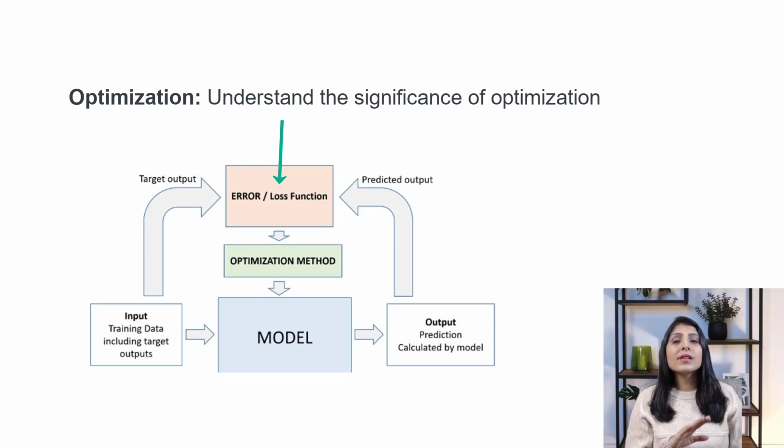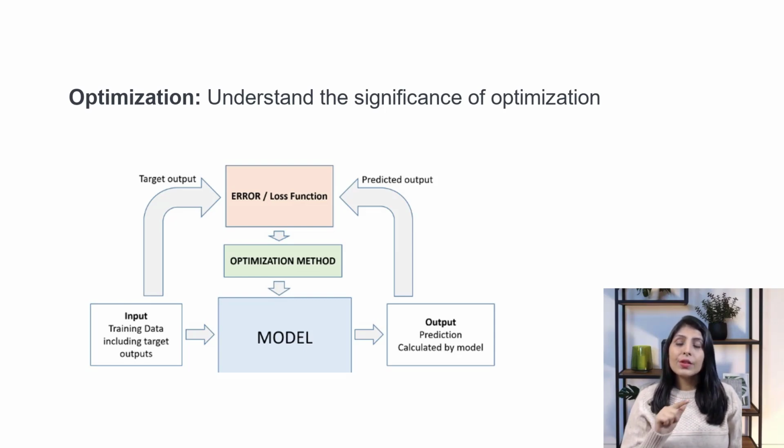This part compares the model output, meaning the model guess or the predicted output, to the actual correct answer, okay? The difference between the predicted output and the correct output is called loss or error. And what is our goal over here? The goal of training a model is to make this error as small as possible.